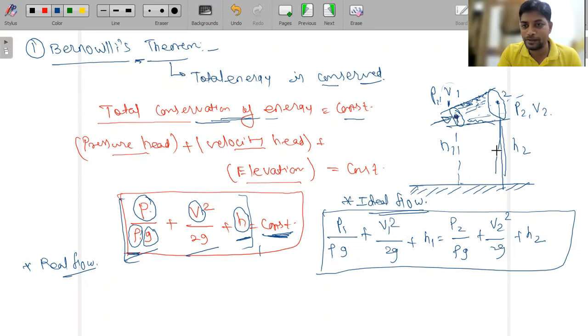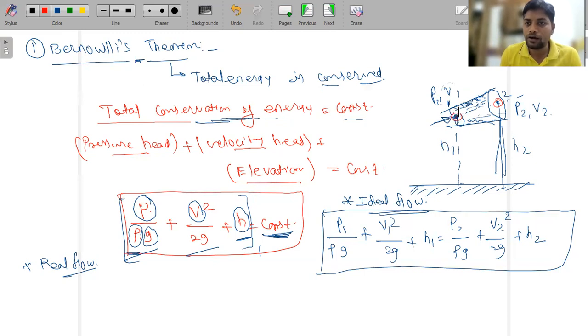By the way, this is out of syllabus, but I just want to brief you. If you are considering these 2 points and applying this equation, then if we are simply talking about wind tunnels, the pressure there will be atmospheric pressure only, right?